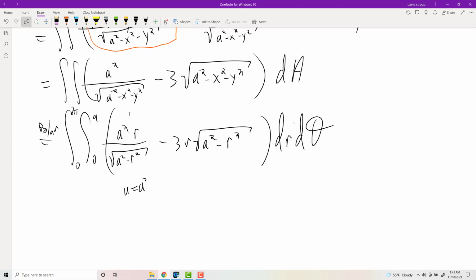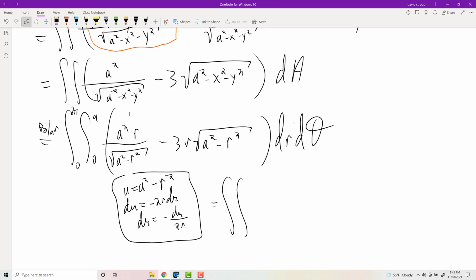Okay. So do u sub, u equals a squared minus r squared. Du will be negative 2r dr. So basically I have two integrals I gotta kind of do right here.